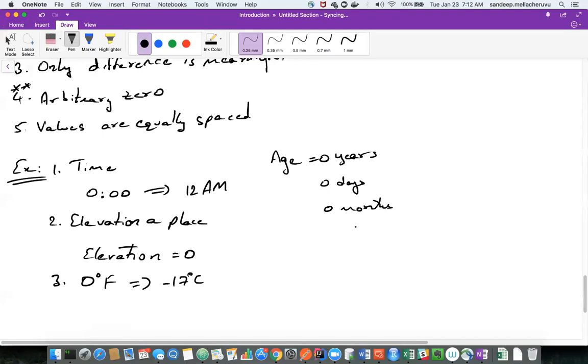In any scale, this will be 0. So this age is not an arbitrary 0 here. Are you clear? Yes, sir. Okay, this is an important point. So I was just trying to explain it more.